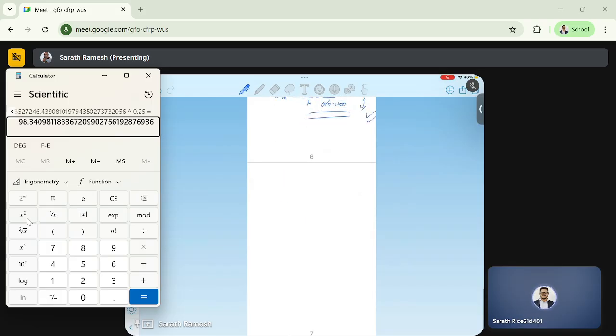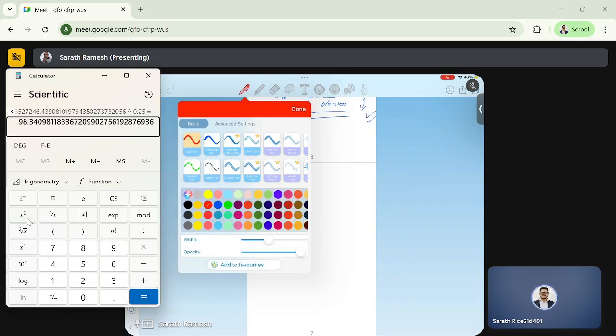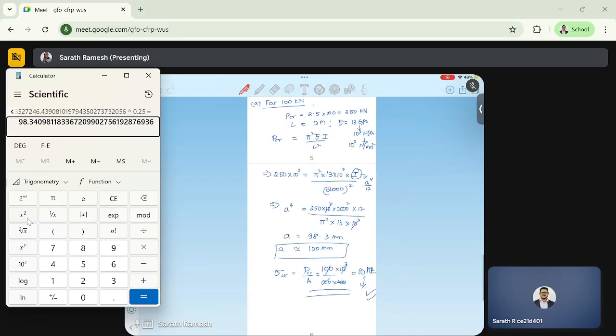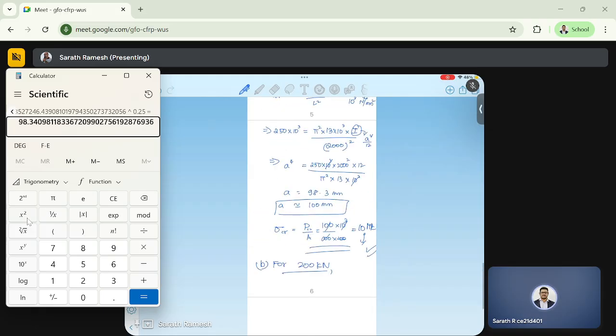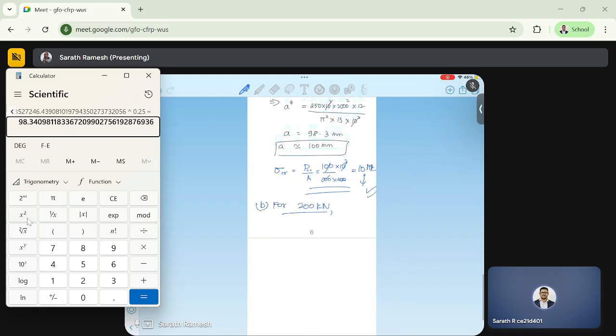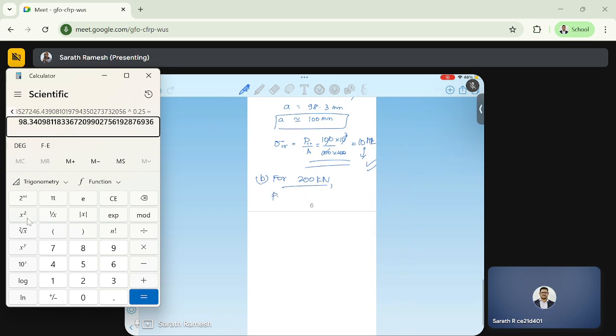Now for the second subdivision, subdivision B, for 200 kilonewton. Let's solve it again. Instead of 100, we substitute 200. So P critical will be 2.5 times 200, which is 500.